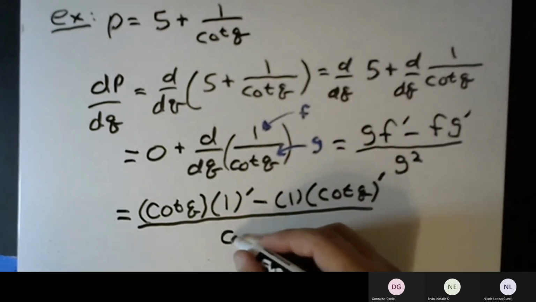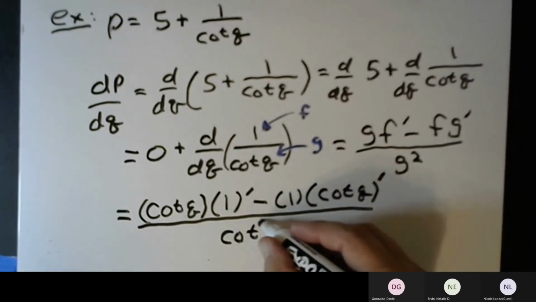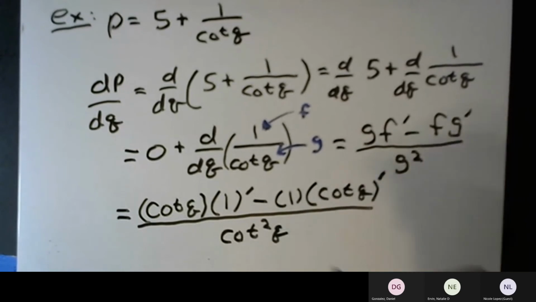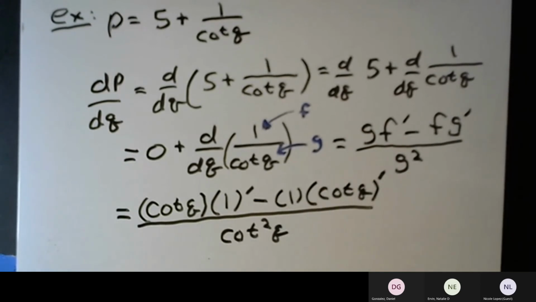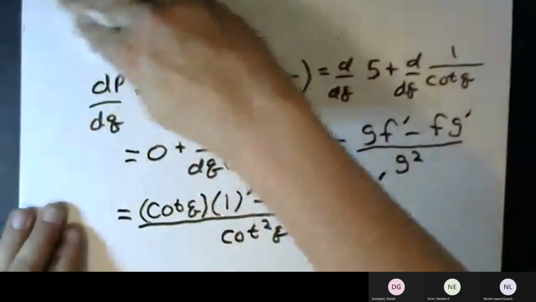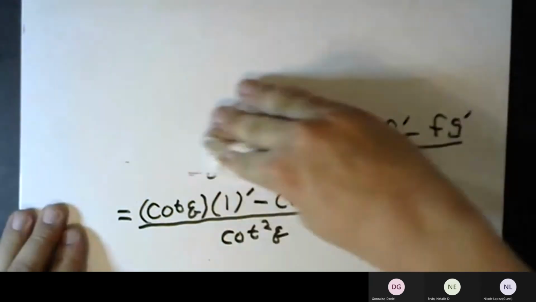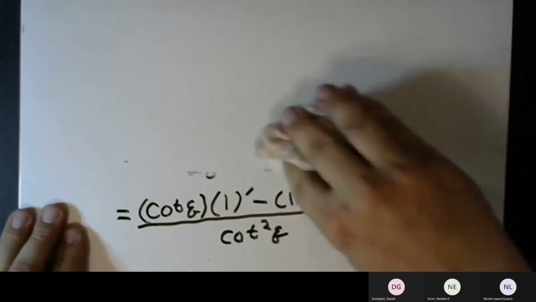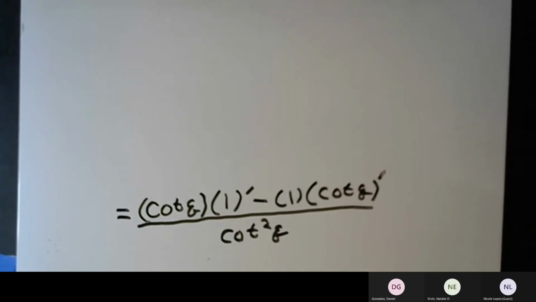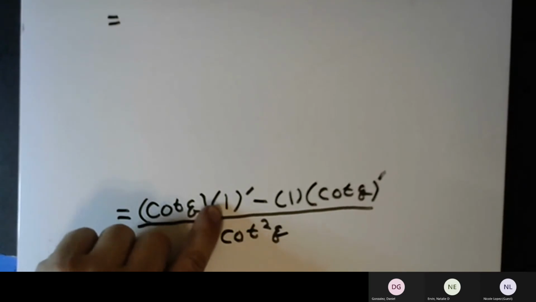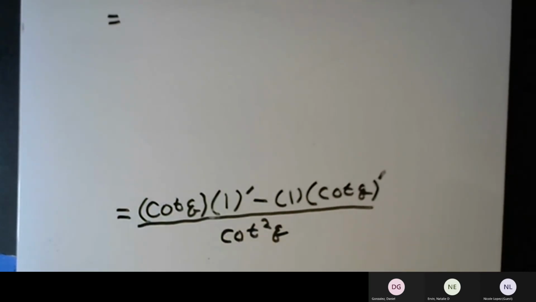And then we have cotangent squared of q. So the derivative of a constant, again, that's going to be 0.